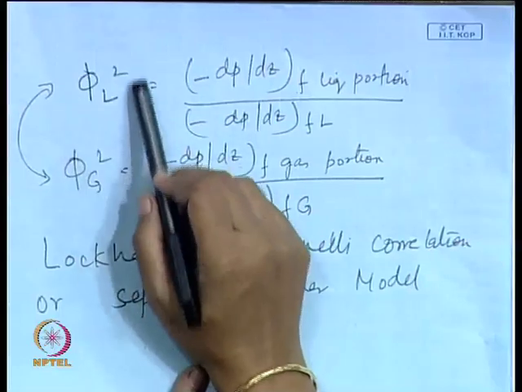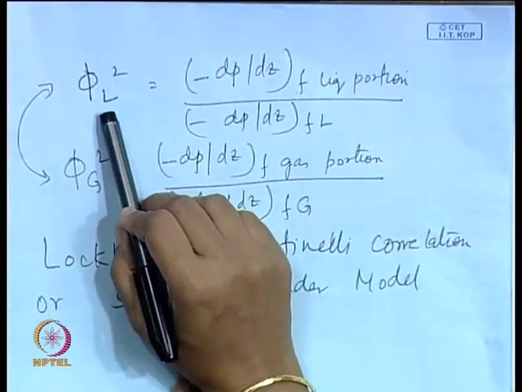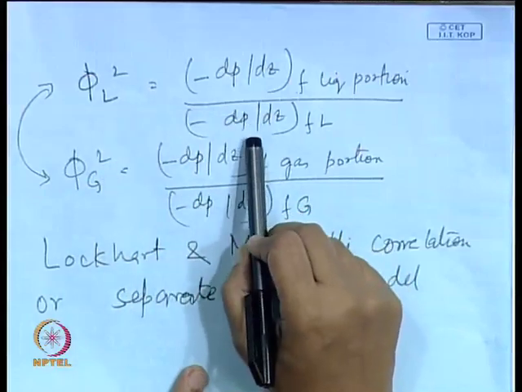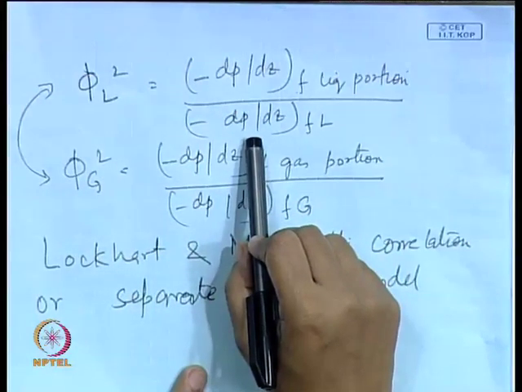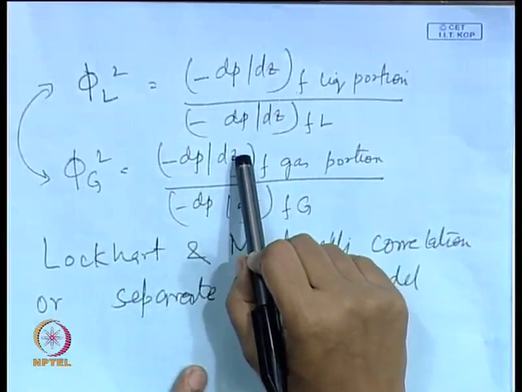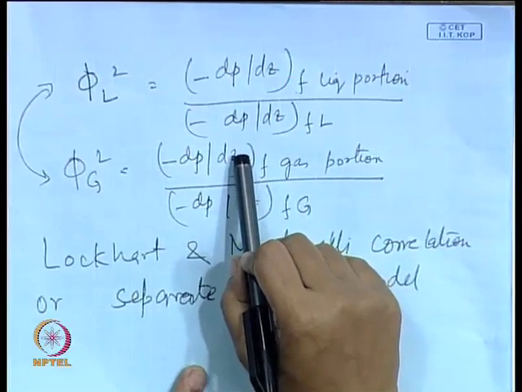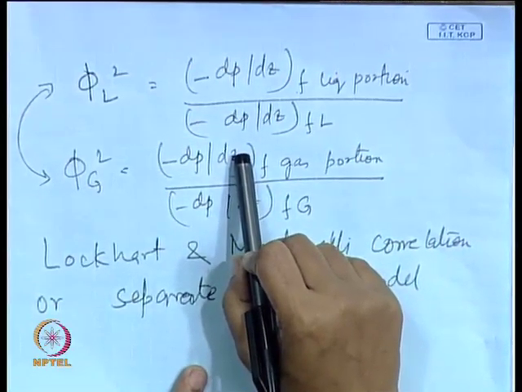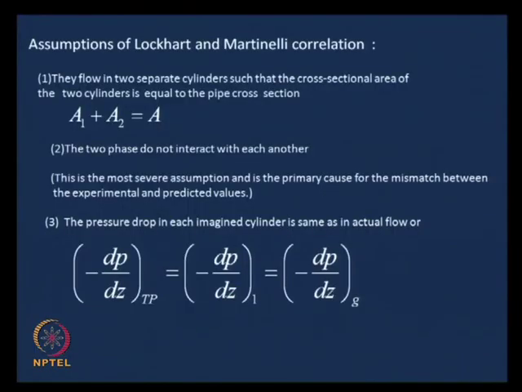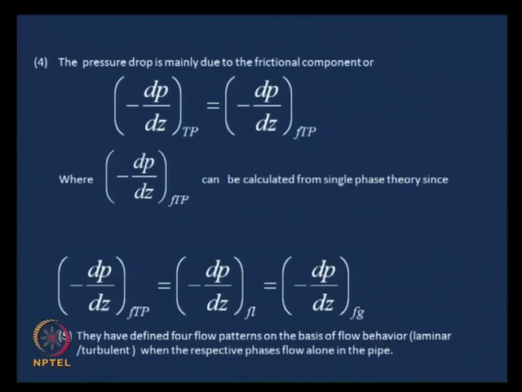The phi L square is the frictional pressure gradient in the two phase condition as a ratio of the frictional pressure gradient when the liquid content of that particular mixture flows alone in the pipe. Now, based on the assumptions of the Lockhart and Martinelli correlation, assumption 3 and assumption 4, which I have written down in the transparency, give you this expression.